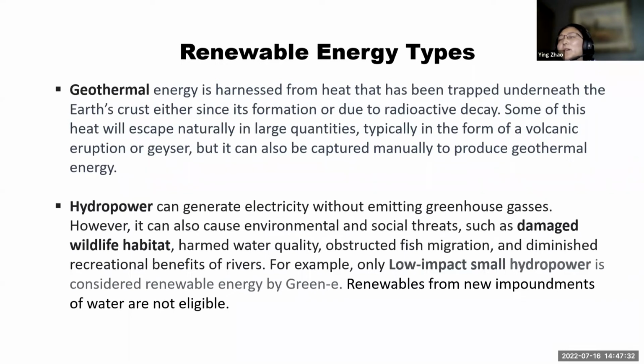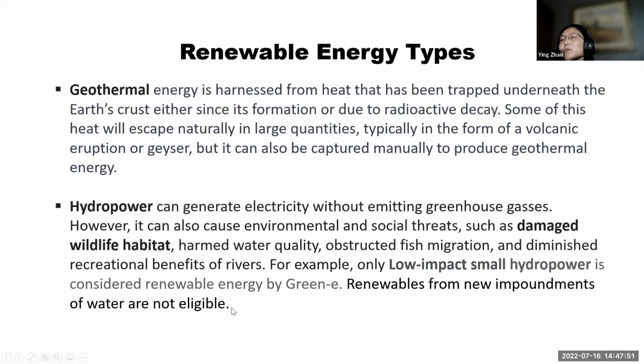For example, the Green-e renewable energy rating system doesn't want large hydropower. Green renewables from new impoundments of water are not eligible.